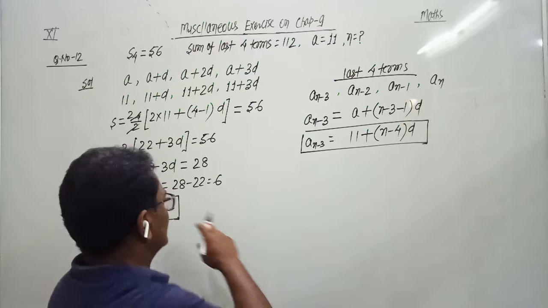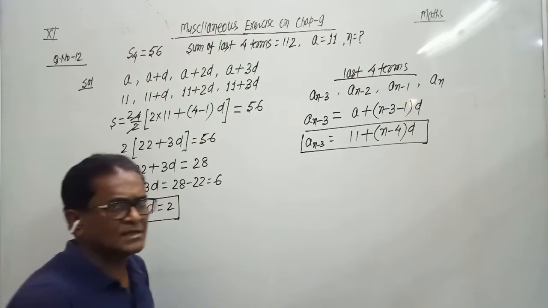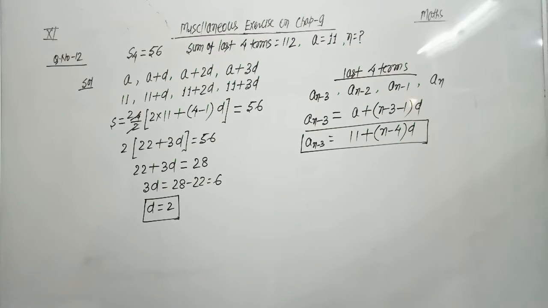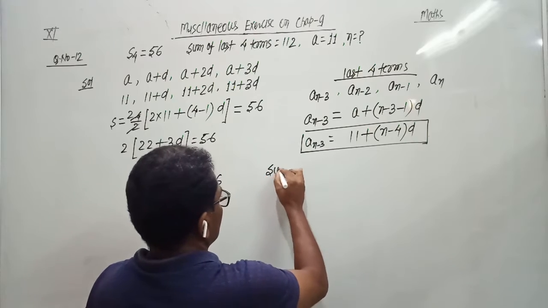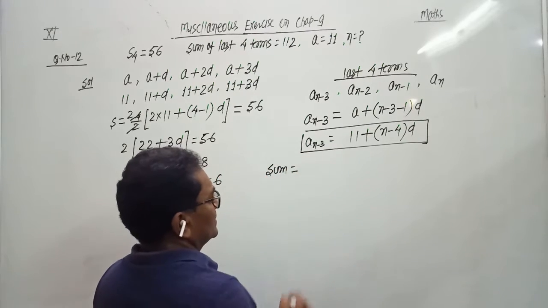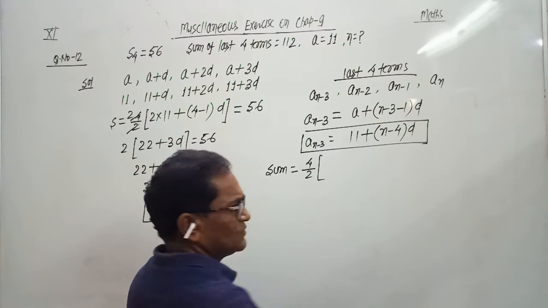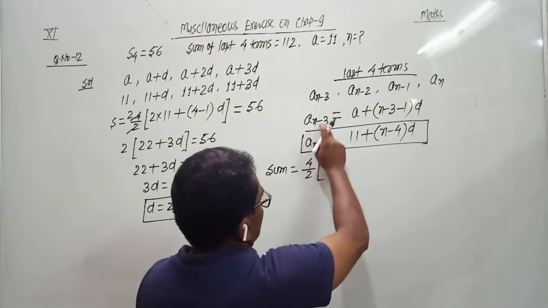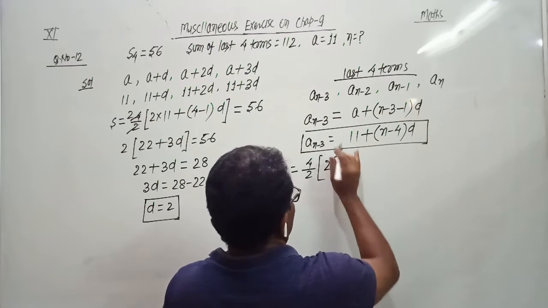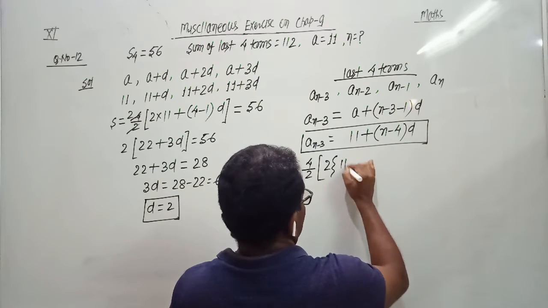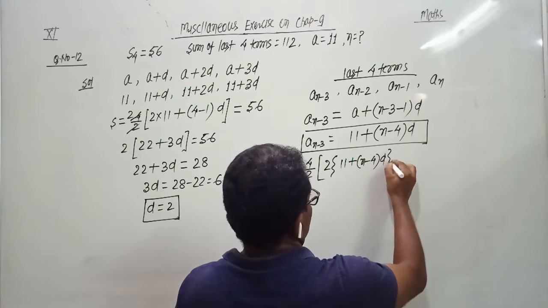In the last we will put the value of d here. Then we have to find the sum of last 4 terms. The sum of these 4 terms is calculated by n by 2, with total number of terms n meaning 4, into 2a, where the first term is a n minus 3, which is 11 plus n minus 4 into d.